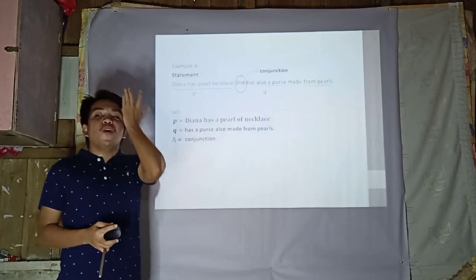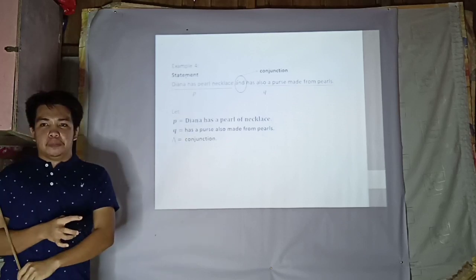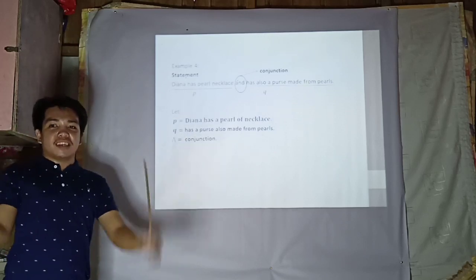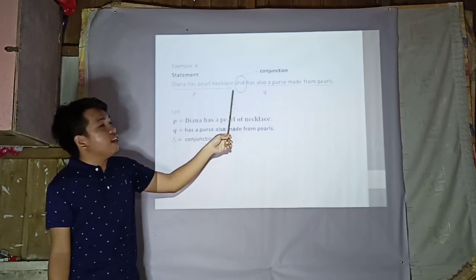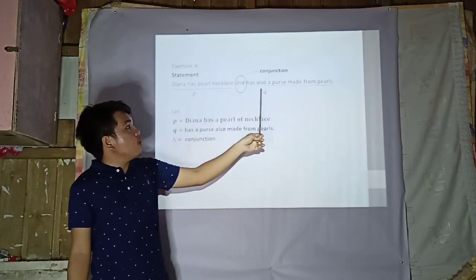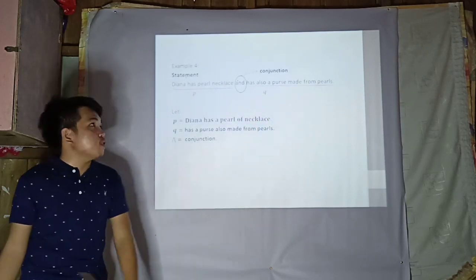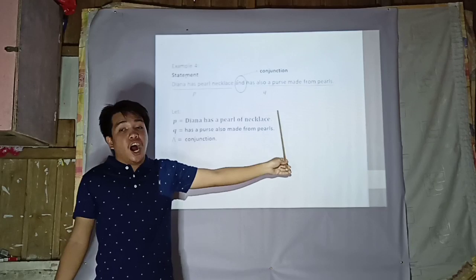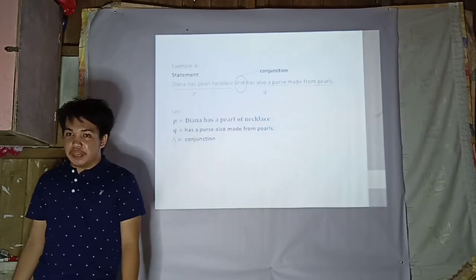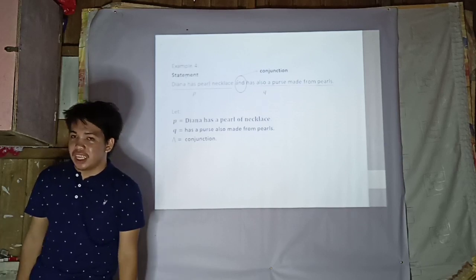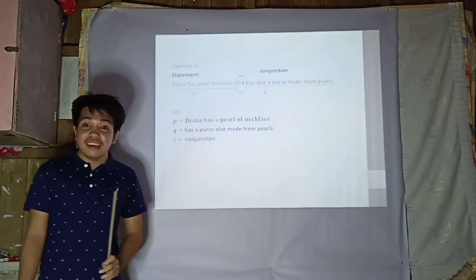Okay, example number 4. Everybody read: Diana has a pearl necklace and has also a purse made from pearls. This is a positive statement because it hasn't been negated. Let us first know the P statement.